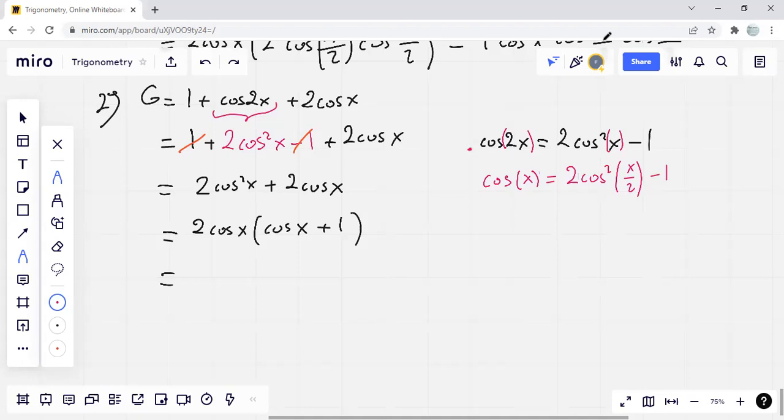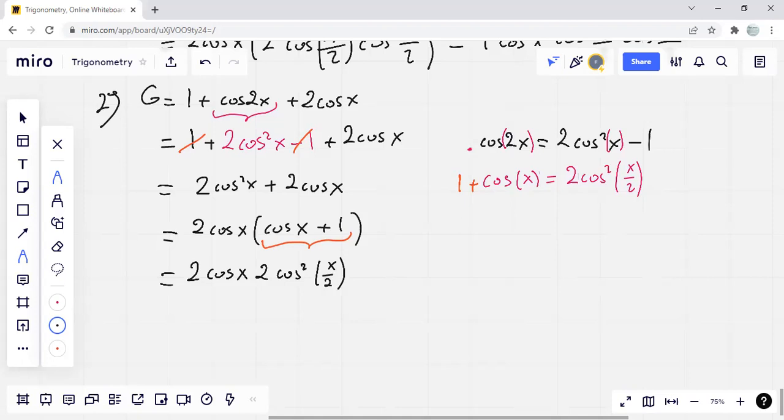Because we can now bring this minus 1 to this side. What will we get? This minus 1 will become plus 1 here, and it will be erased from there. So now we can take this cosine x plus 1, all of it, and put in its place, keeping 2 cosine x as it is, 2 cosine squared of x over 2.